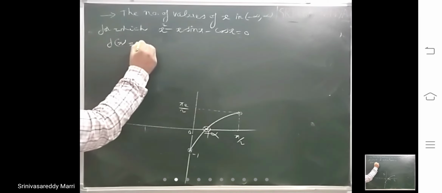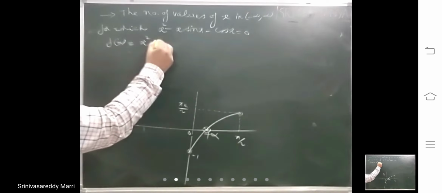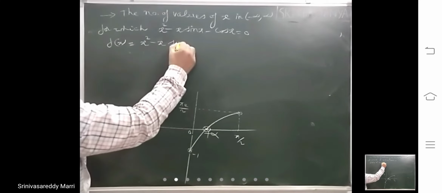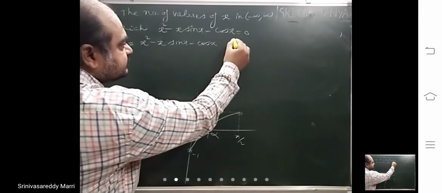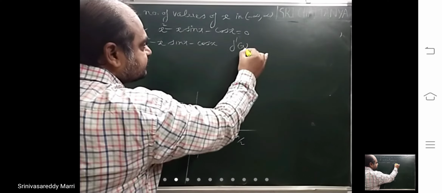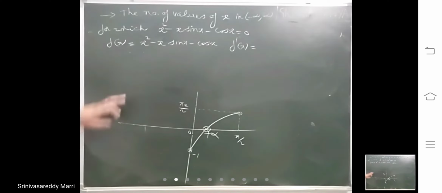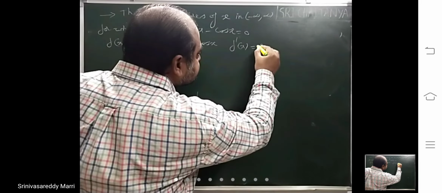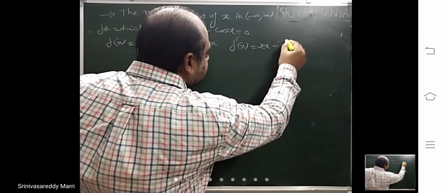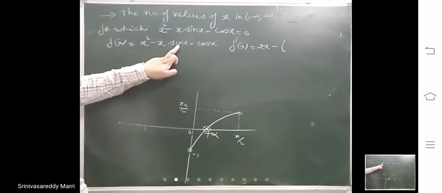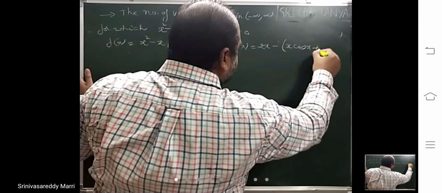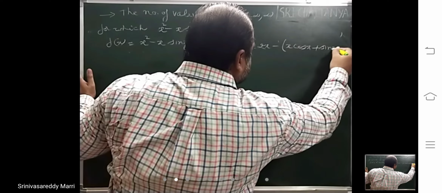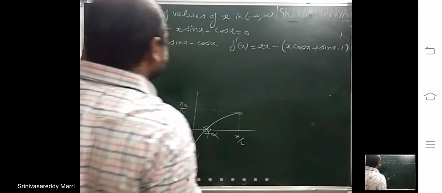Procedure is take f of x and decide where it is increasing, where it is decreasing. This f dash x is nothing but 2x minus of the derivative of uv, x into cos x plus sin x into 1.